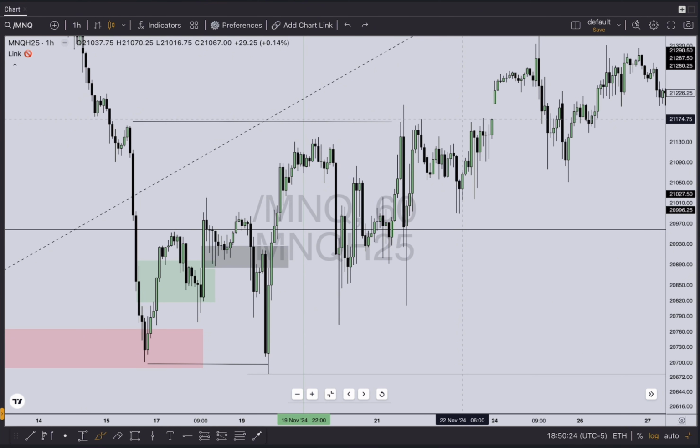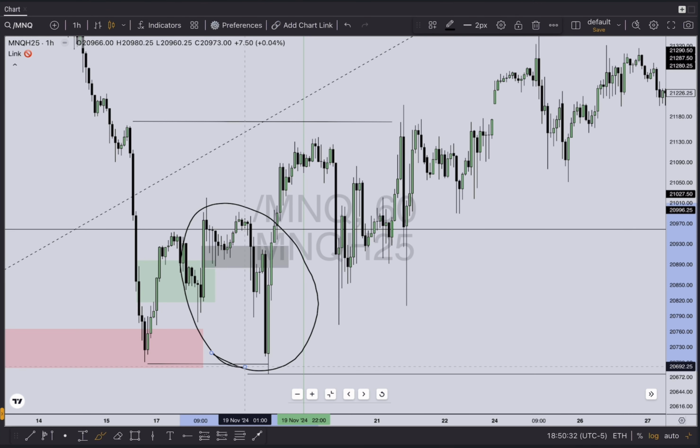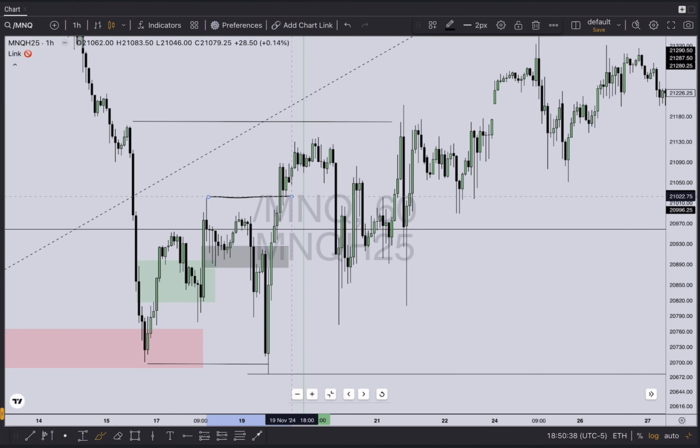So on the 1 hour time frame, we can identify from this kind of movement that right now we're in a consolidating range where we might want to take out minor buy side and minor sell side, might.